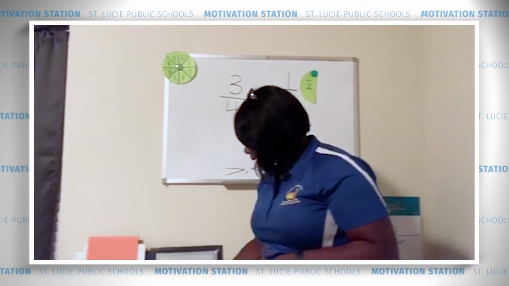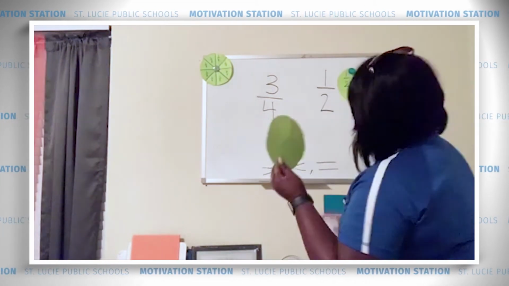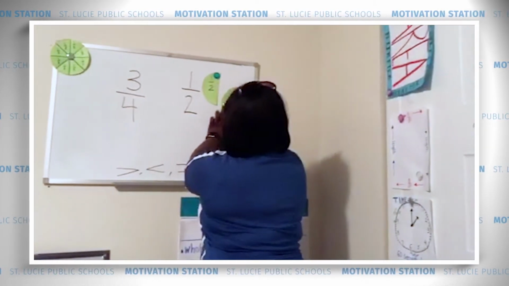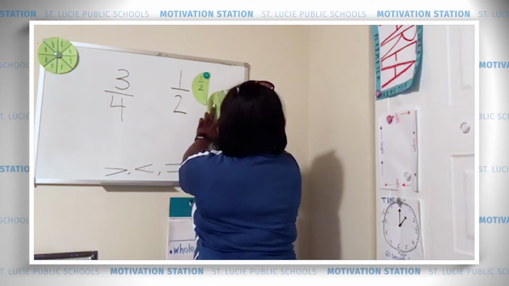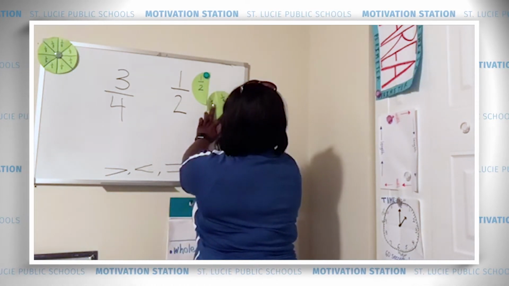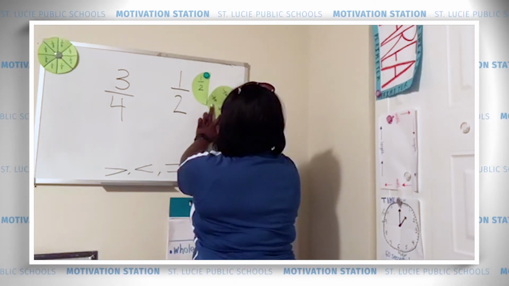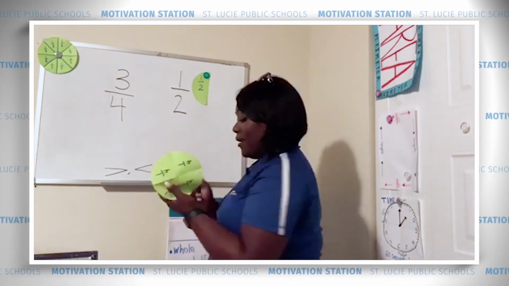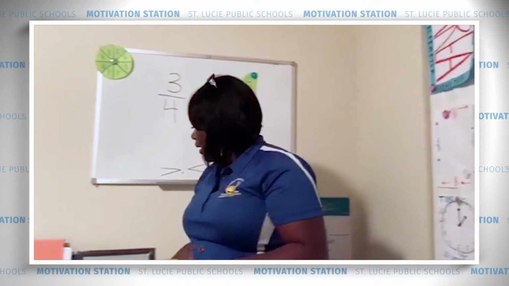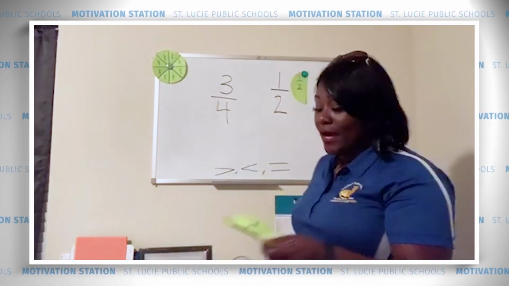So now I have fourths. Each of these parts is one of the 4 parts. It's 1/4. So I'm going to go ahead and label the parts. This part is 1/4, and this part is 1/4, another 1/4, and another 1/4. And I'm going to go ahead and cut these out.